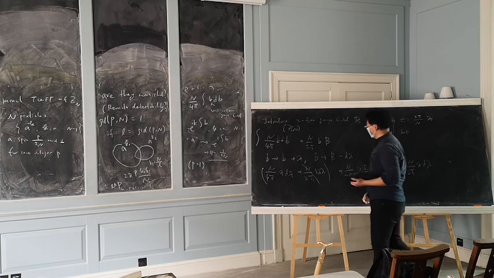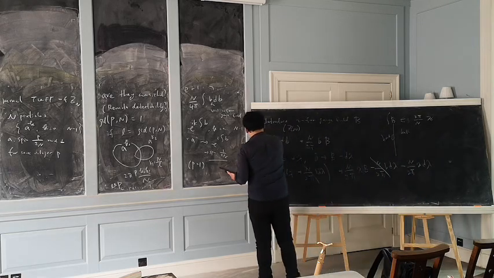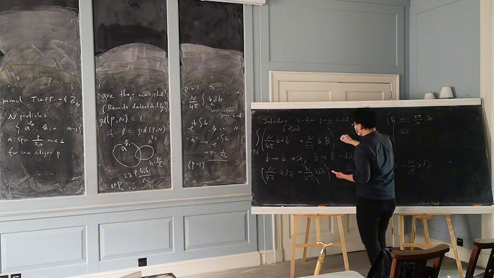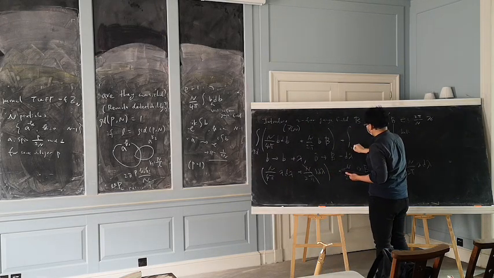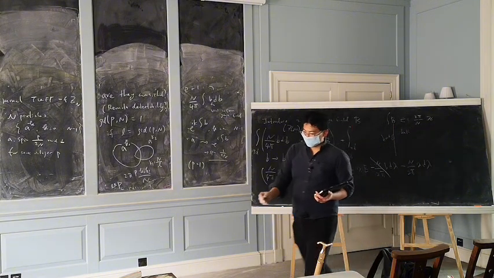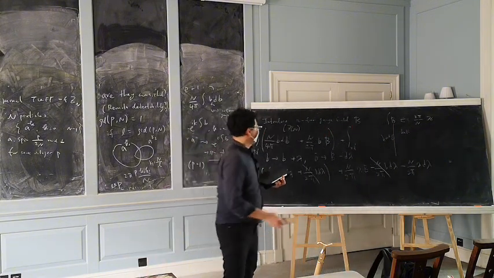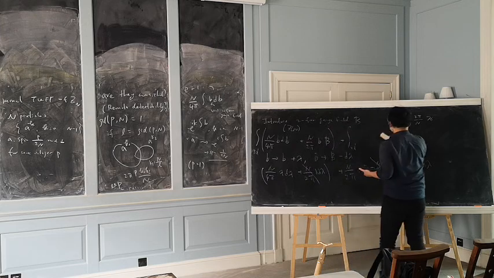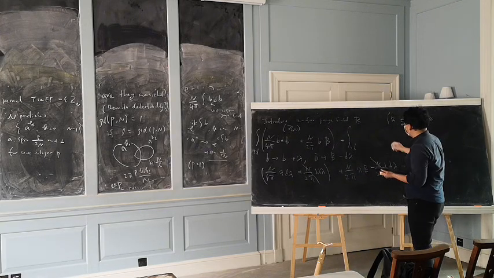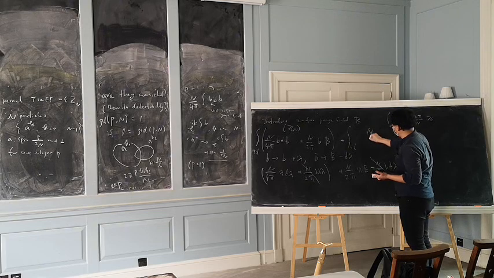So what's the bulk in this case? This is 3D, and then you can add a 4D term. The bulk in this case is quadratic in the background gauge field.